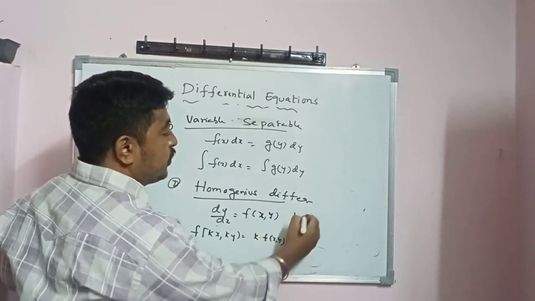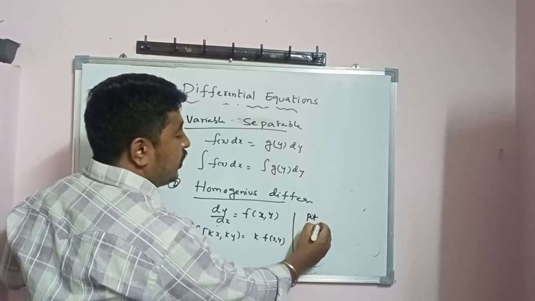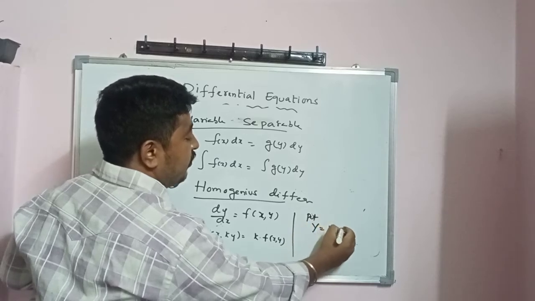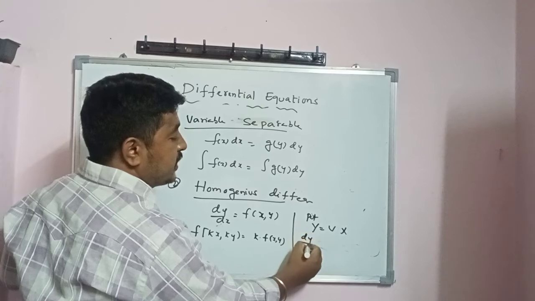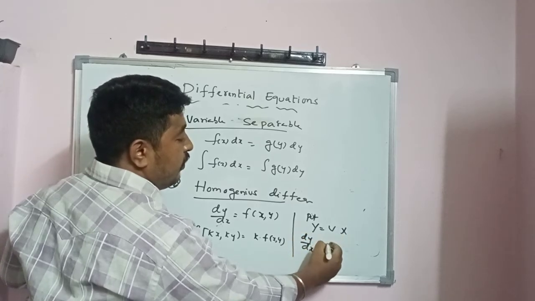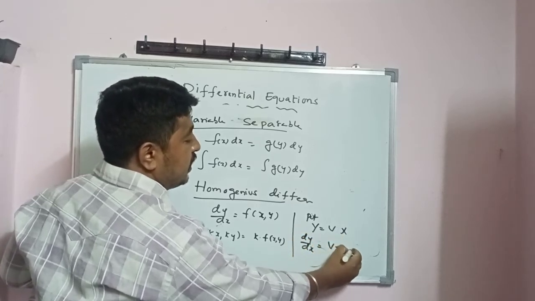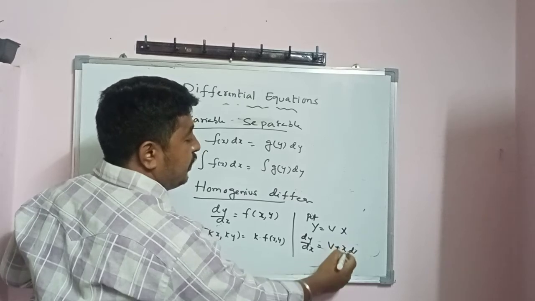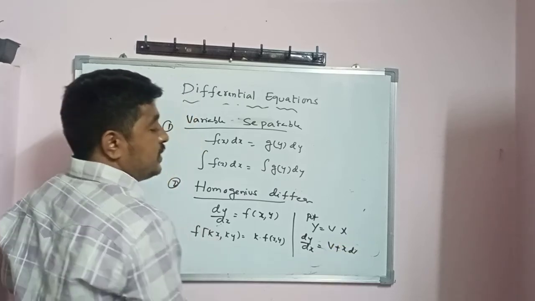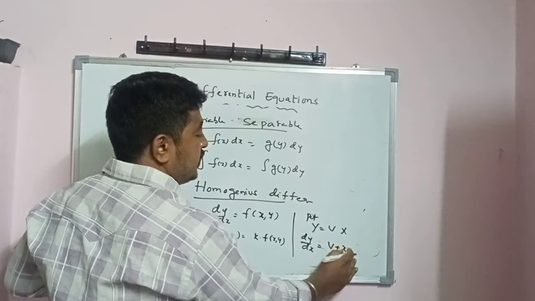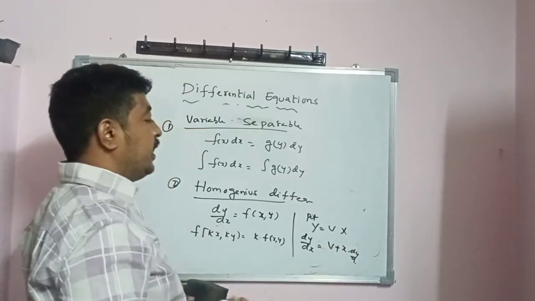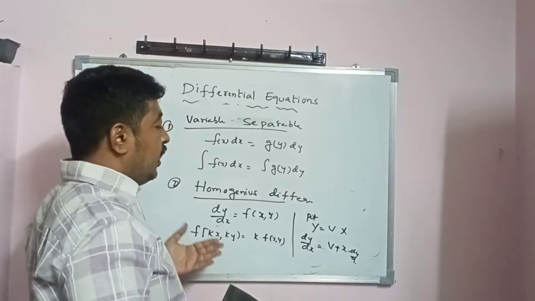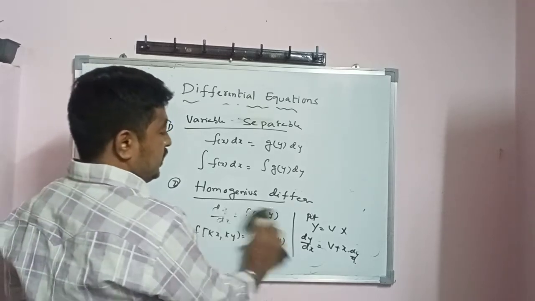In this we substitute y equal to vx, and taking the derivative, dy by dx equals v plus x dy by dx. This is the homogeneous expression.